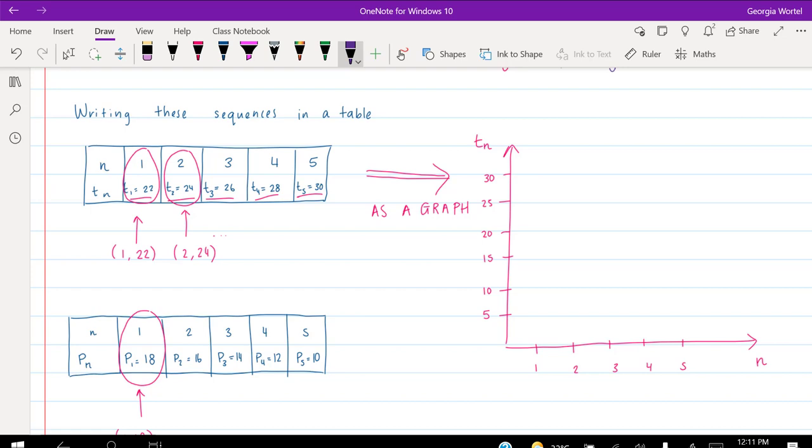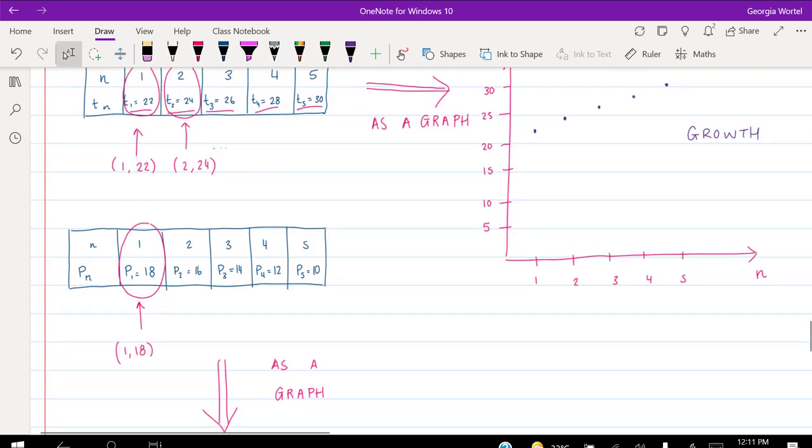As a graph, this is going to look like my first term, I go and put a little dot at 22. Second term is 24. Third term, 26. Fourth term is 28, and the fifth is 30. So you can see a linear growth there. It's going up by the same thing each time, so you would expect it to be linear, which means you've probably done the question right. And that's a growth, like we spoke about before.